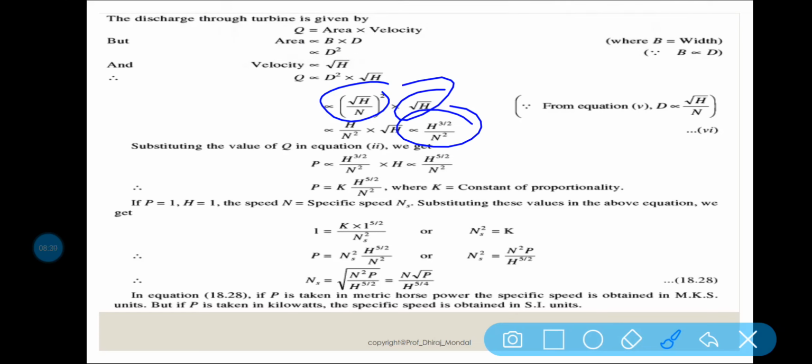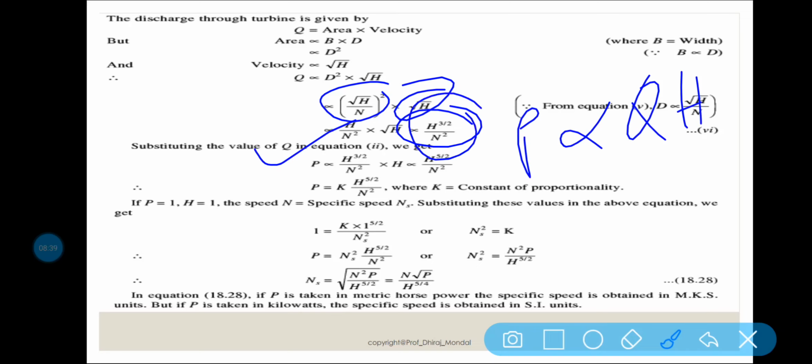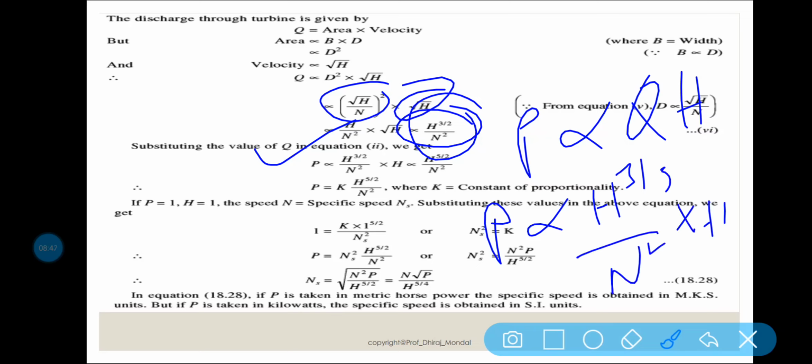Now come to the next point. The p is proportional to what? p is proportional to q into h. Now q I have already got. q I have got h to the power 3 by 2 by n square into h. Okay, so ultimately p is proportional to what? h to the power 5 by 2 by n square.